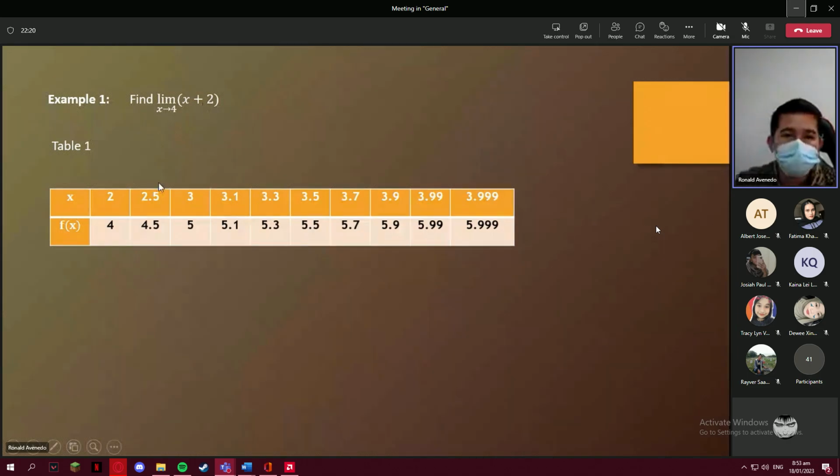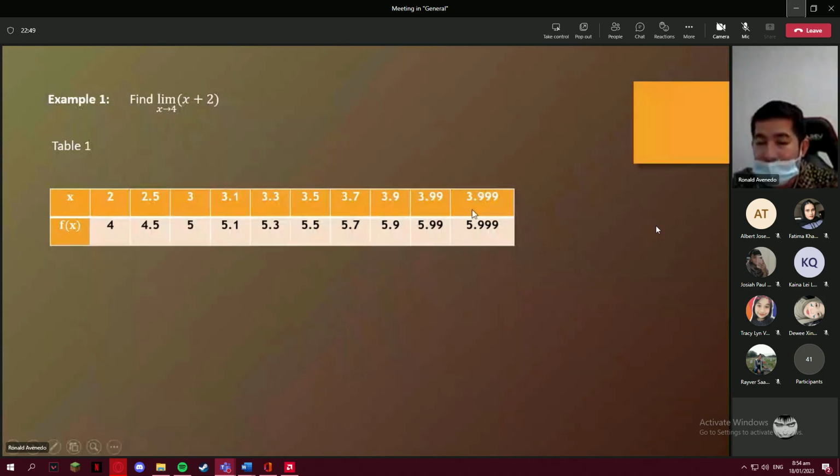And if it is 2.5, then you can just substitute the value of x. Then you will have the value of f of x. So 3.1 plus 2. When x approaches 4 from left, then dito sa pinakamalapit, dito sa ating table, pinakamalapit na value ng x from left of 4 approaches, ha?